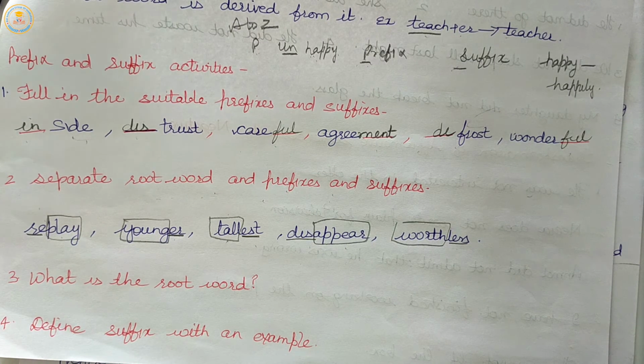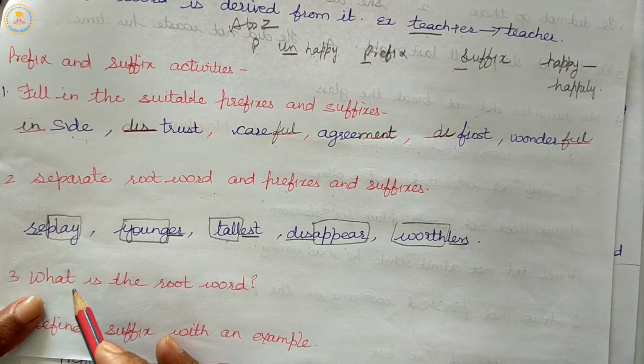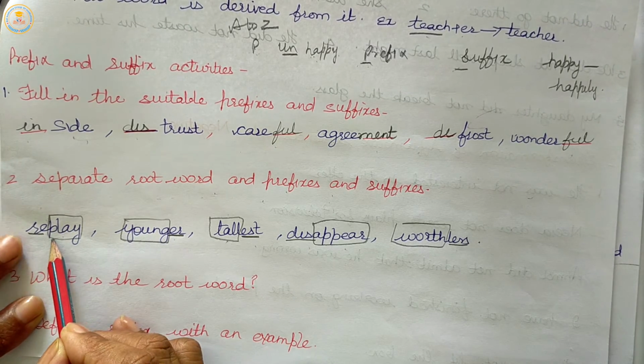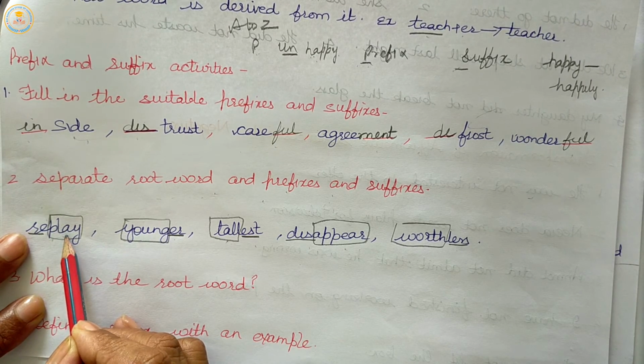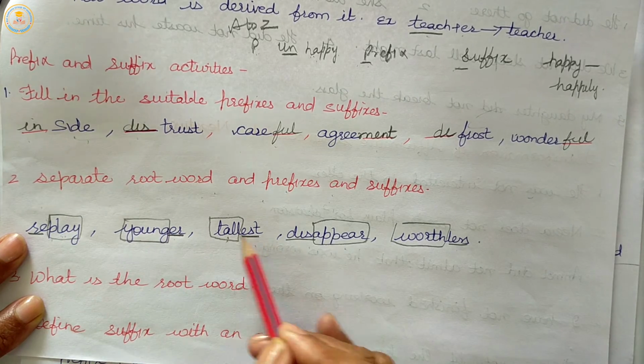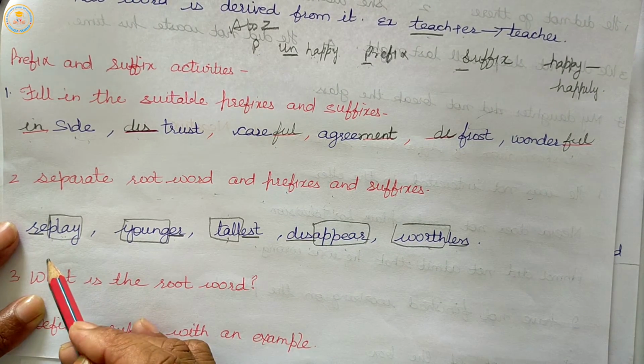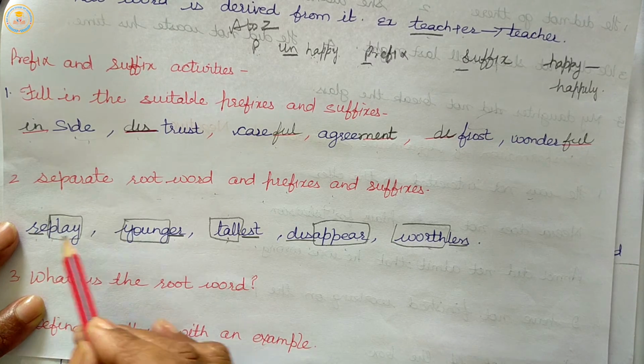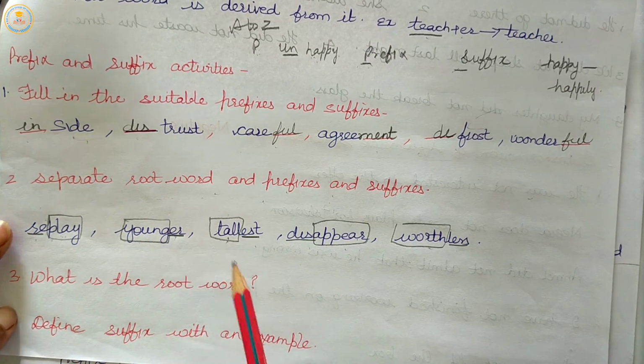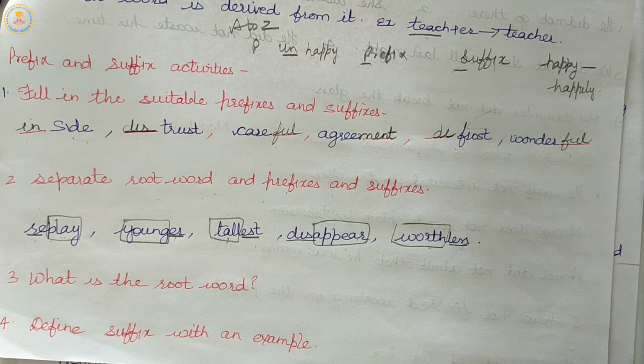And next question is, what is the root word? Yes, a root word is a word that can be made into a new word by adding prefix or suffix. Here play is the root word. Play, young, tall, appear, worth, all these are root words, and whenever we add prefix and suffix to these words, they will become root word plus prefix and suffix.